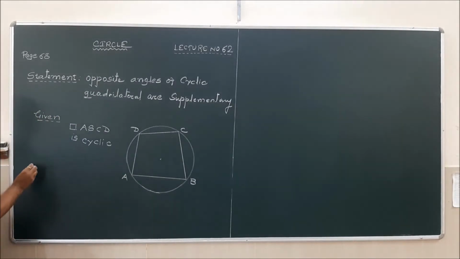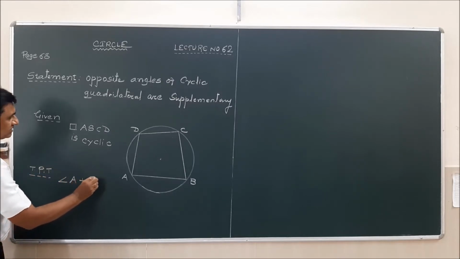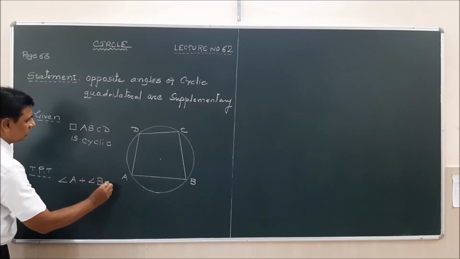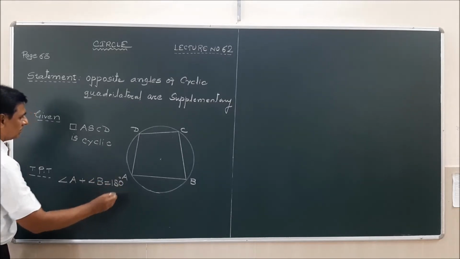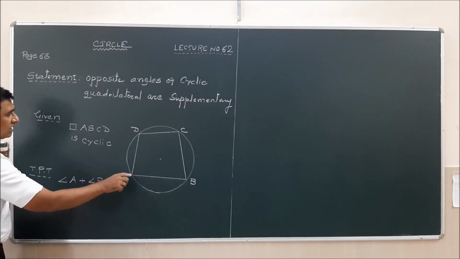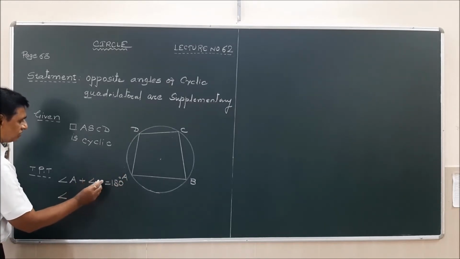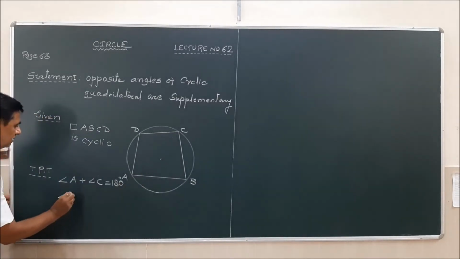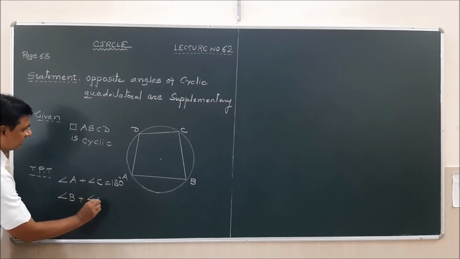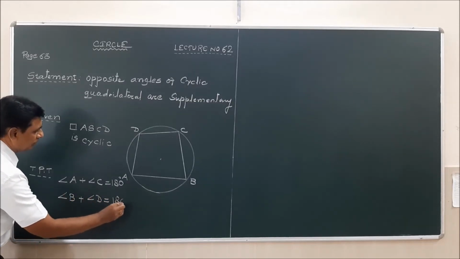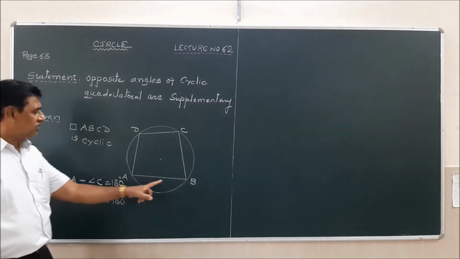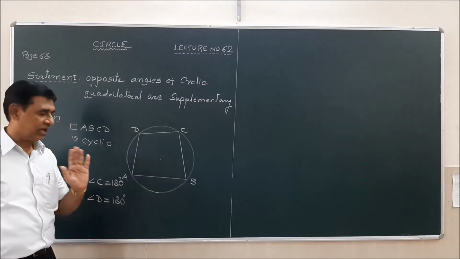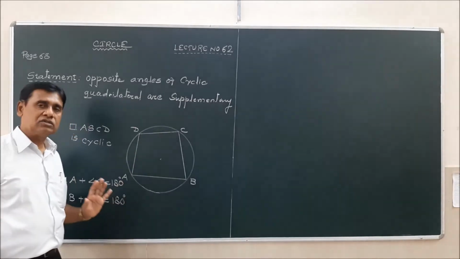Next point, to prove that angle A plus angle C is equal to 180, opposite angles A and C, as well as angle B plus angle D is equal to 180. Because you will notice B and D are opposite angles, as well as A and C are also opposite angles.